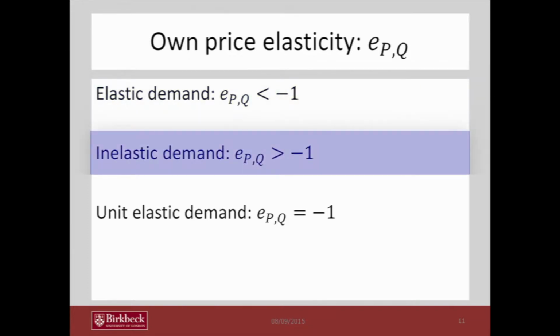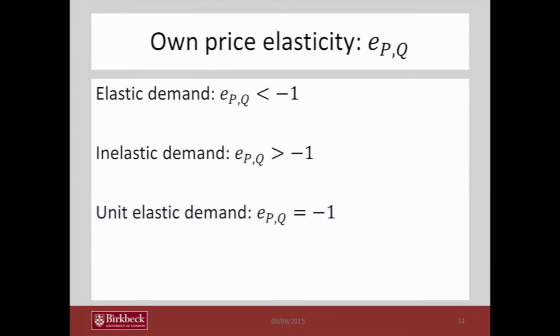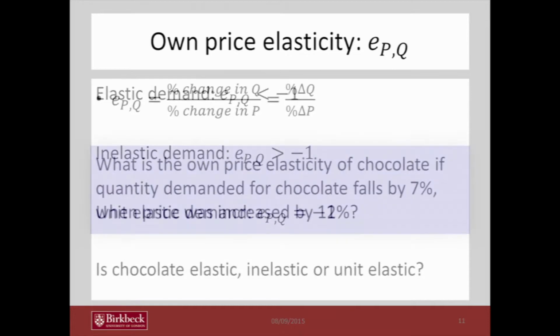You're talking about inelastic demand when the own price elasticity is bigger than -1. And you're talking about unit elastic when the own price elasticity is exactly -1. So that's why we looked at comparing numbers to -1 in the previous slide. So let's look at some exact calculation questions.